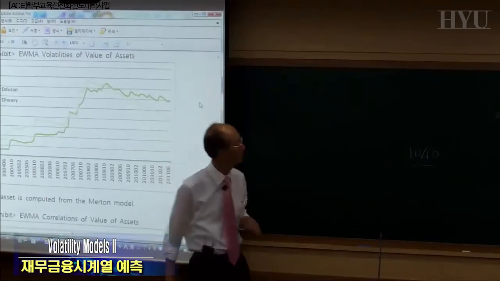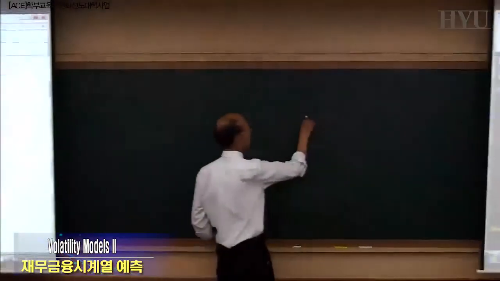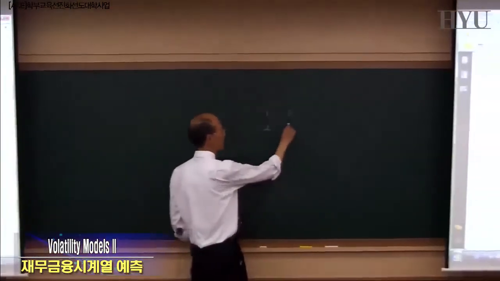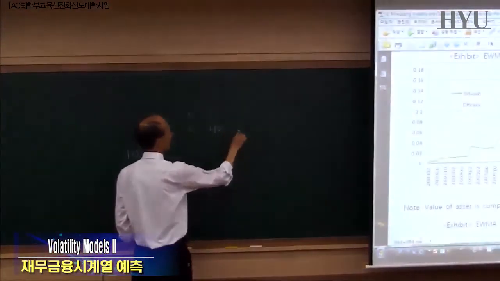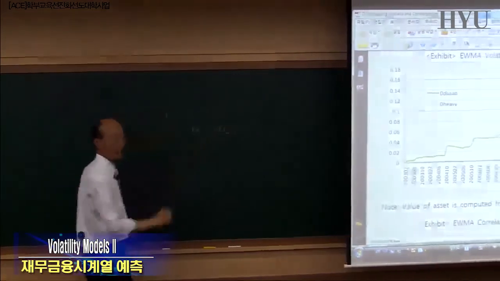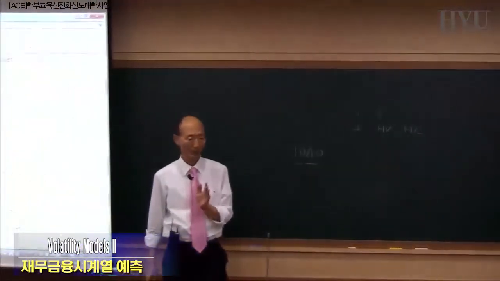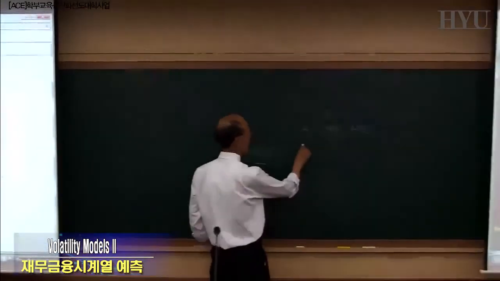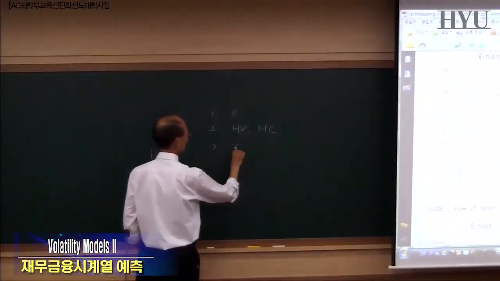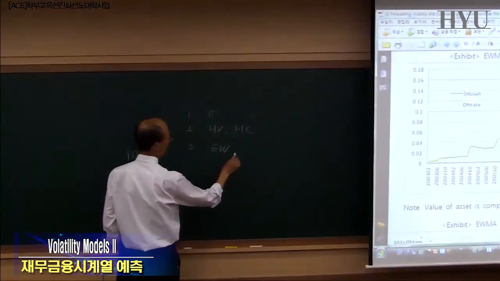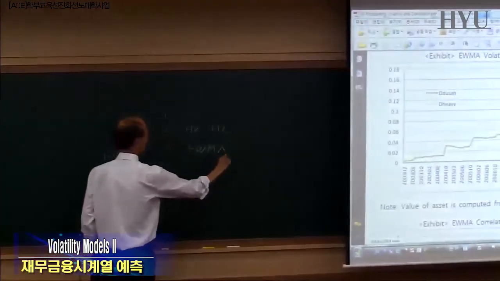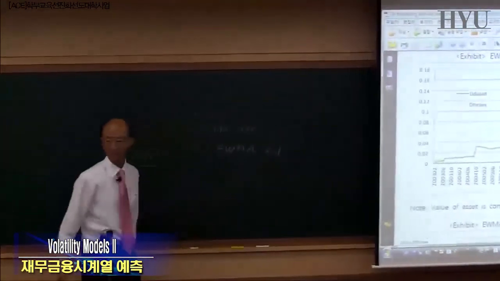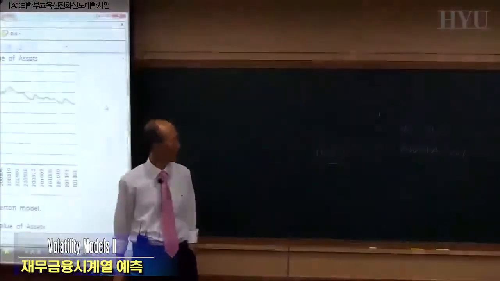That's one measure. The second, historical volatility and historical correlation, that was another, right? The second measure. And thirdly, exponential weighted moving average volatility. Okay, that's another one.